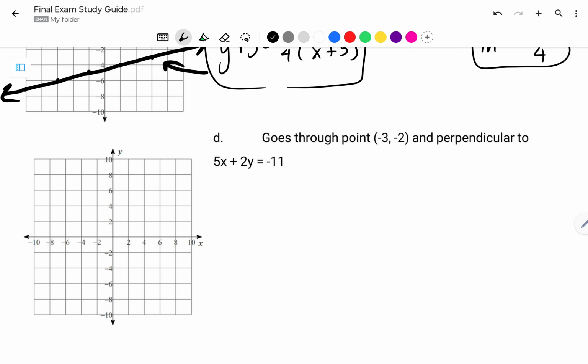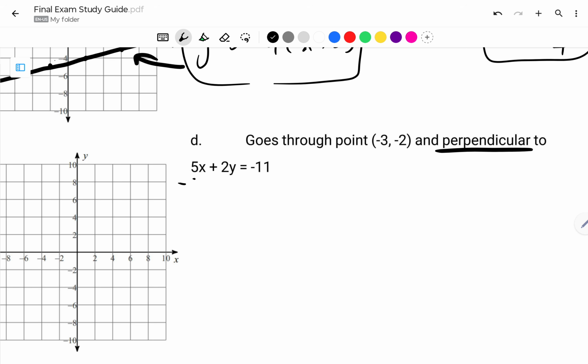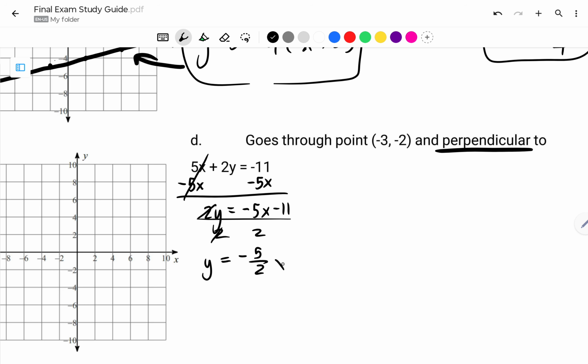And then this one, same thing, perpendicular, but now I have a standard form, so I got to turn this into slope-intercept form. So -5x cancels out, 2y comes down. I'm going to divide by 2. -5 cannot be divided by 2, so I'm just going to keep it as a fraction.